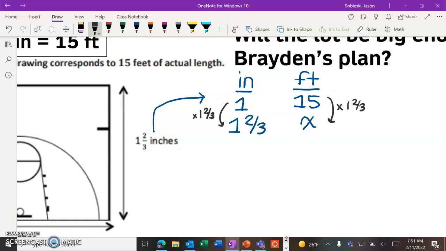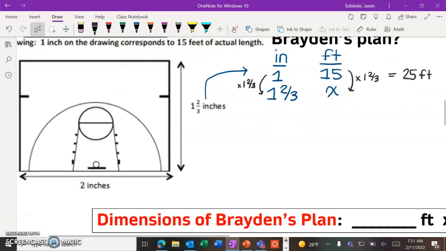And if we do that, 15 times 1 2/3, you should get an answer of 25 feet. So that is one way that you could find a missing value in terms of feet.